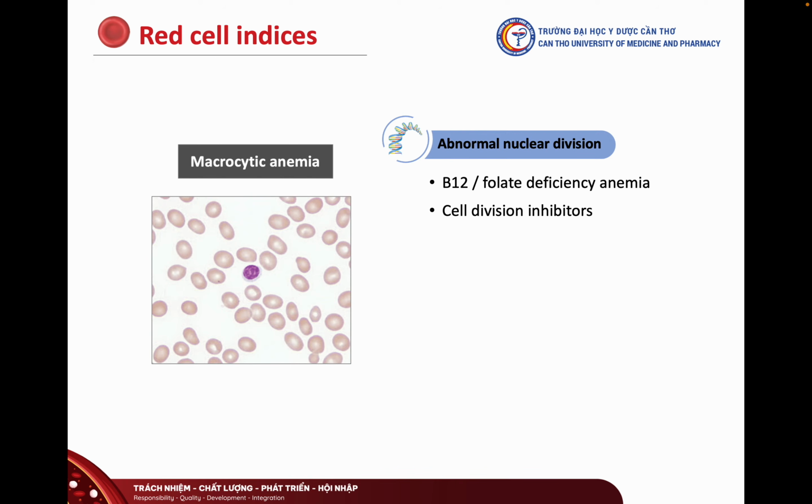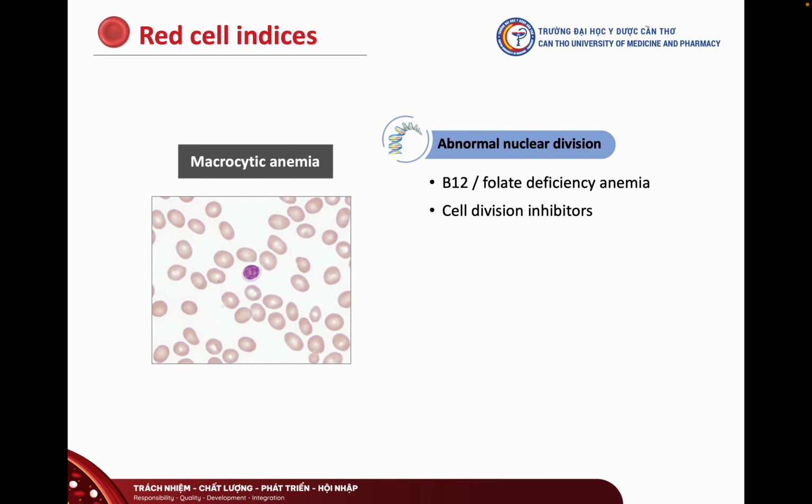When there is a vitamin B12 or folate deficiency, DNA synthesis is impaired, especially in the nucleus. So, nuclear maturation slows down while the cytoplasm continues to mature normally. This mismatch leads to a cell with a larger size, immature nucleus, but mature cytoplasm.